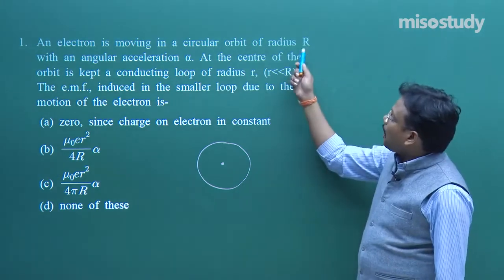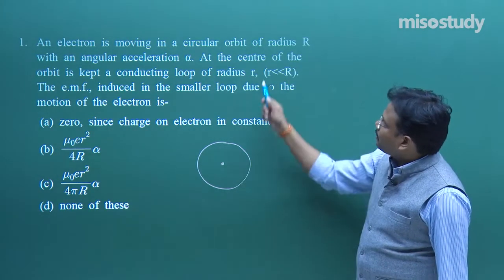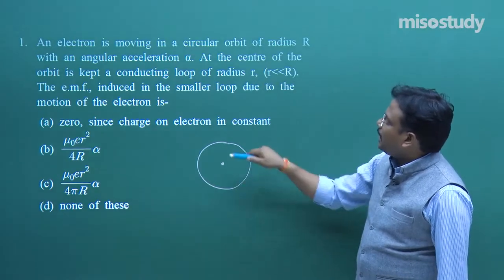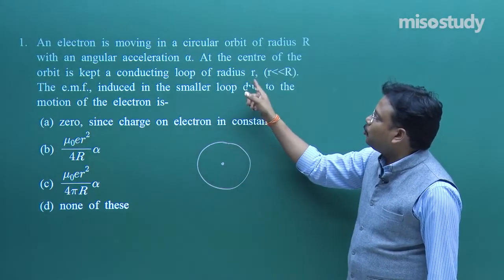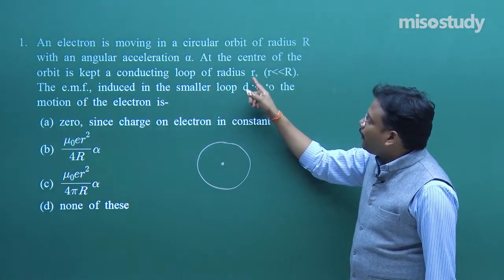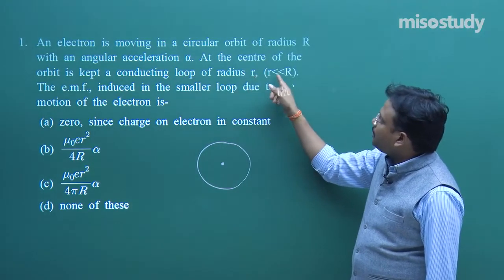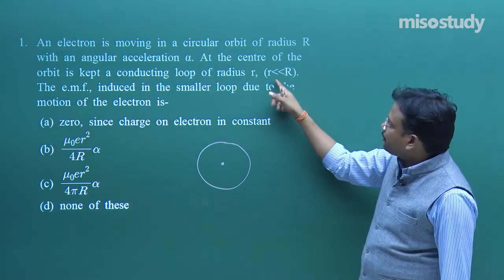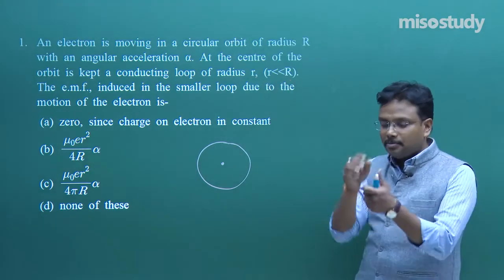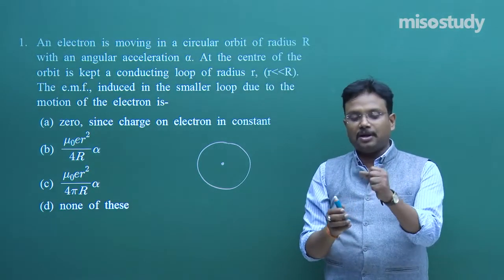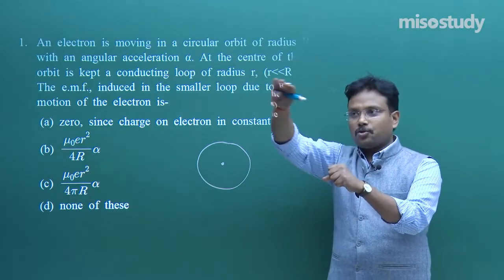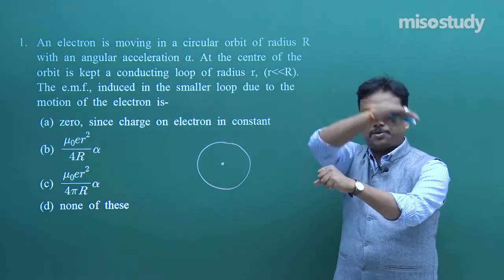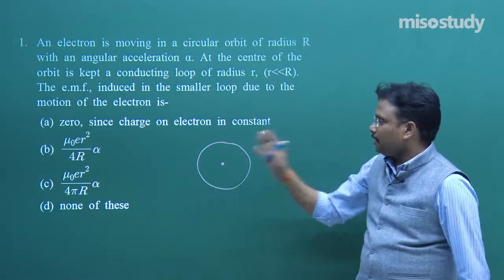Now capital R is the radius of the orbit of this electron, and at the center is kept a conducting loop of radius small r, where small r is very much less than capital R. Imagine the situation: this is the zone where the circular loop is placed, and the electron is revolving outside like this.